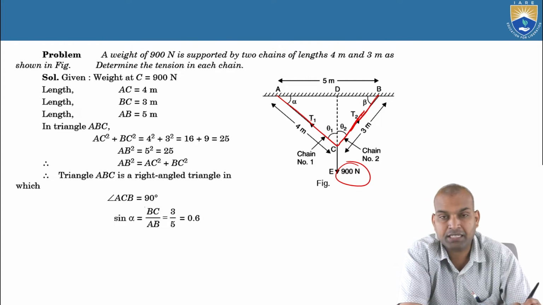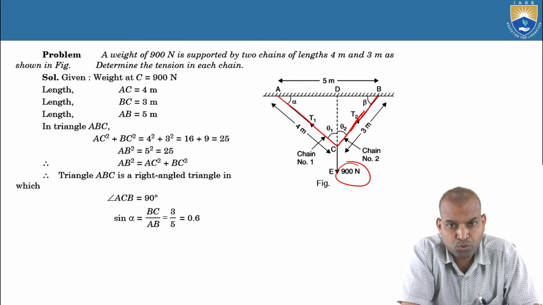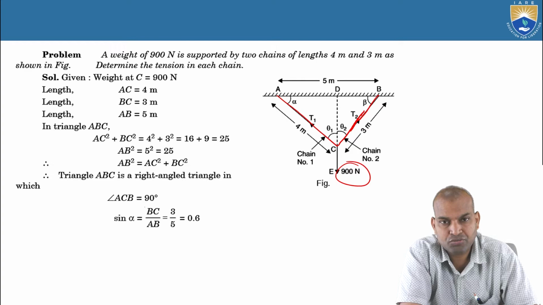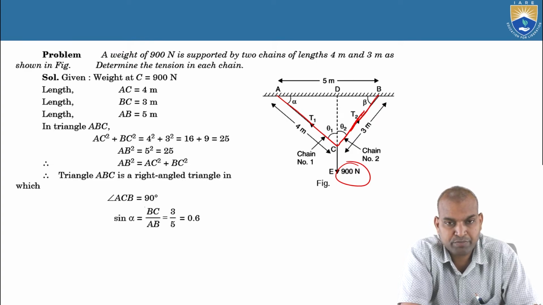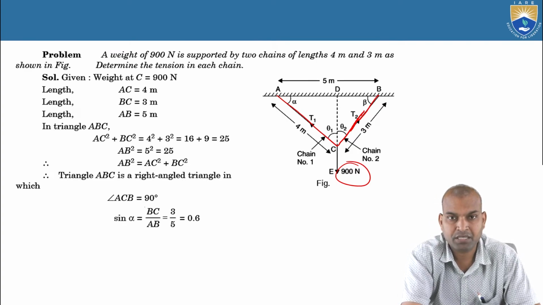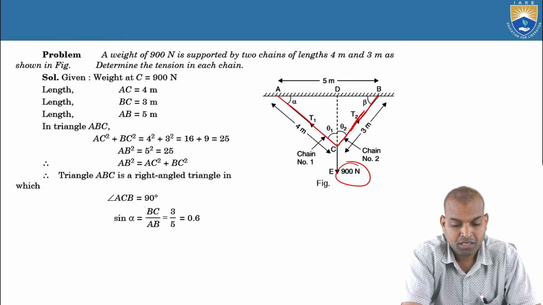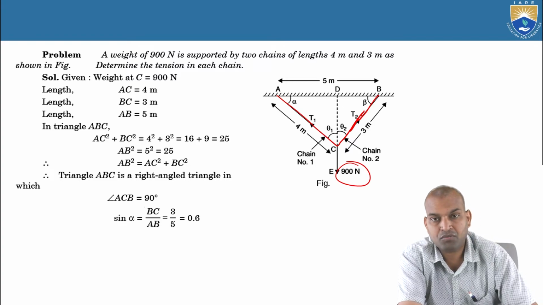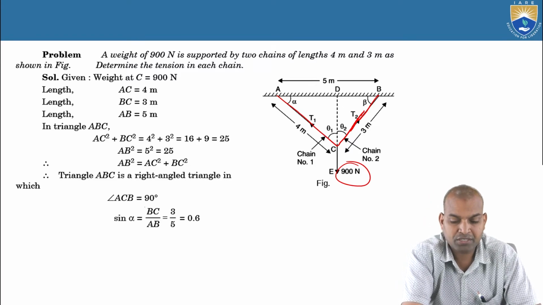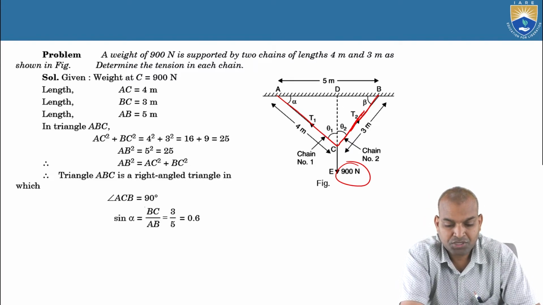What are the tensions again? In the previous problem, the angles were given: T1 makes an angle with the horizontal AB, that is 30 degrees, and here beta equals 60 degrees. Now here, they did not mention any angles.